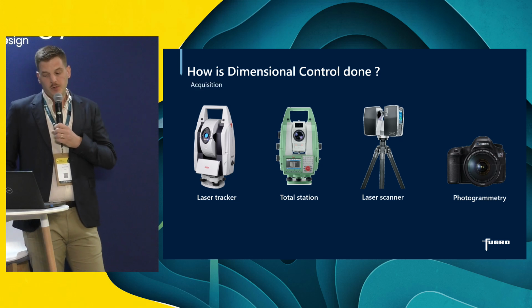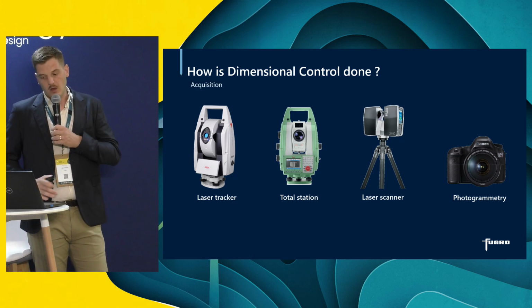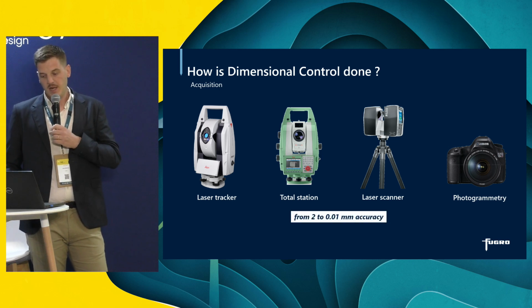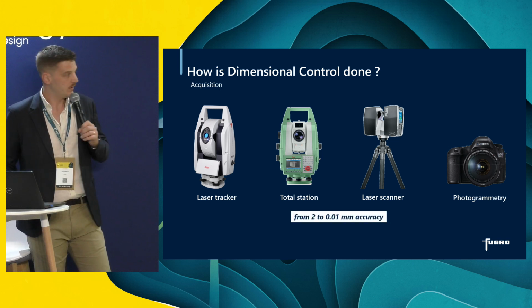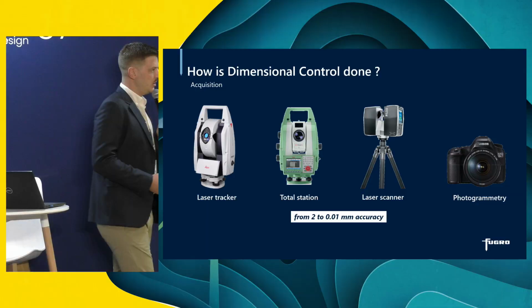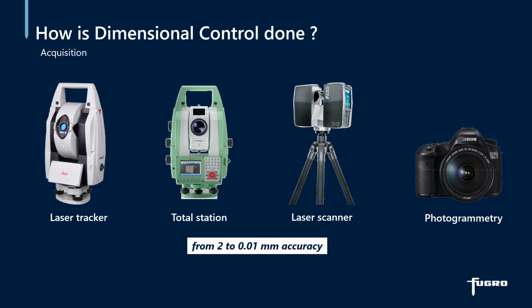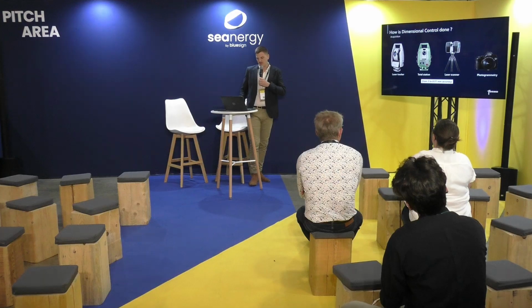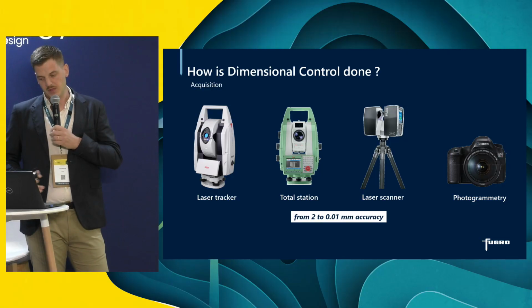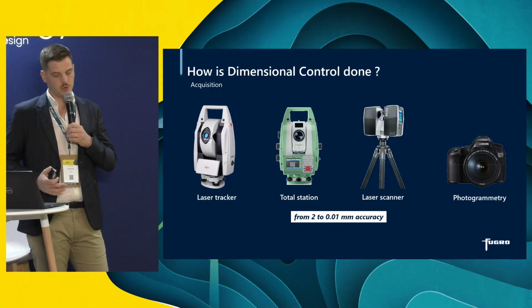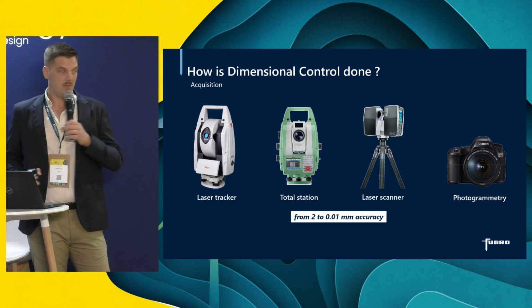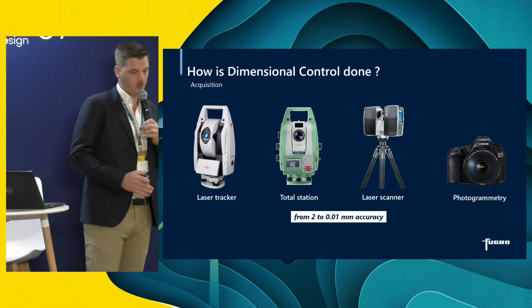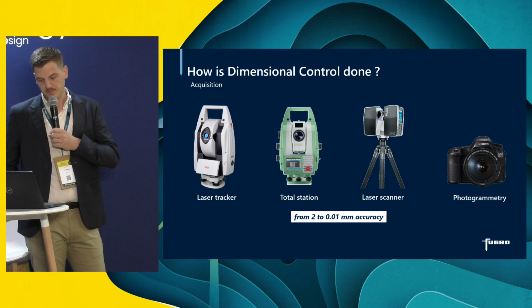Concerning precision measurement, we rely on a set of fast, reliable, and accurate equipment: laser tracker, total station, laser scanner, photogrammetry, but also tools like easy laser, calipers, or digital levels. I won't go into details about these technologies, but the only thing you need to know is that for dimensional control, we are talking about millimeter or even sub-millimetric accuracy measurements.